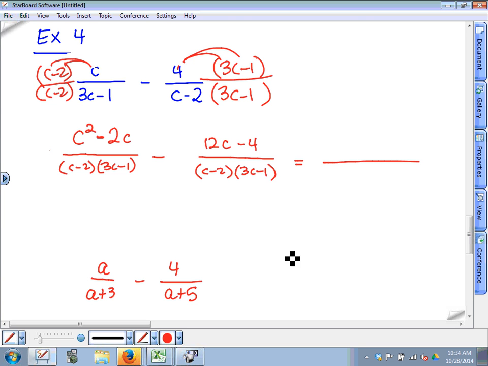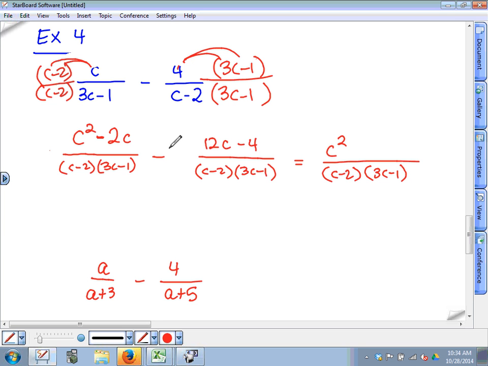Now we can subtract these two fractions because we have a common denominator. We're going to have a c minus 2 and a 3c minus 1 in the denominator. What about all this stuff in the numerator? Subtract like terms. What about the c squared there? It stays. It doesn't add with anything or subtract with anything, so it stays c squared.